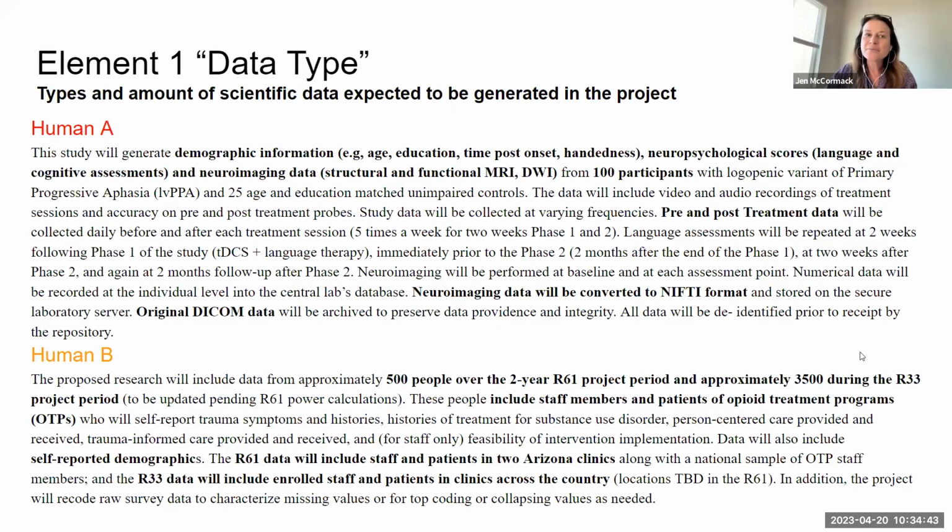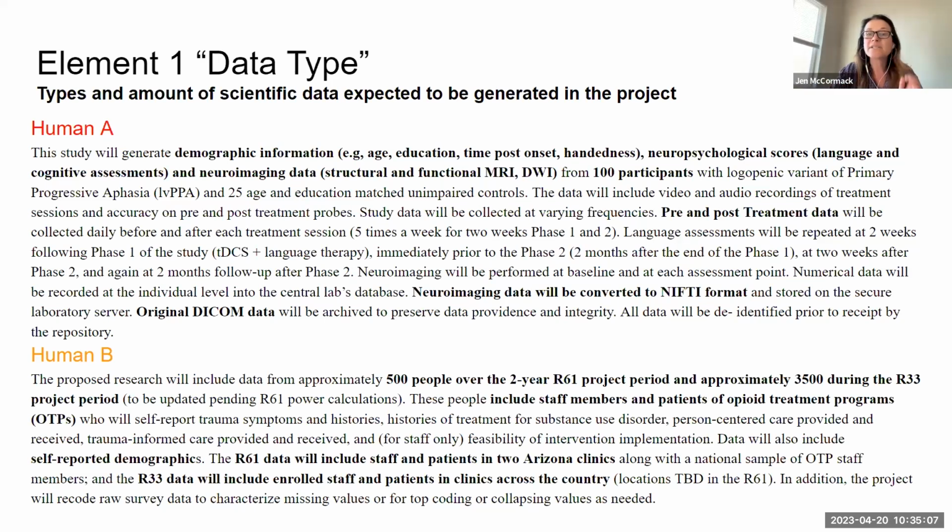Okay, so for the first one, in different data types, what we thought might be really helpful for y'all, and we'll be sharing slides, is how the different PIs actually responded to defining their data type within, exactly as Matt shared, make it concise, 2 pages, don't include URLs and so forth. So for our human subjects, one, we're talking about demographic data, 100 participants.